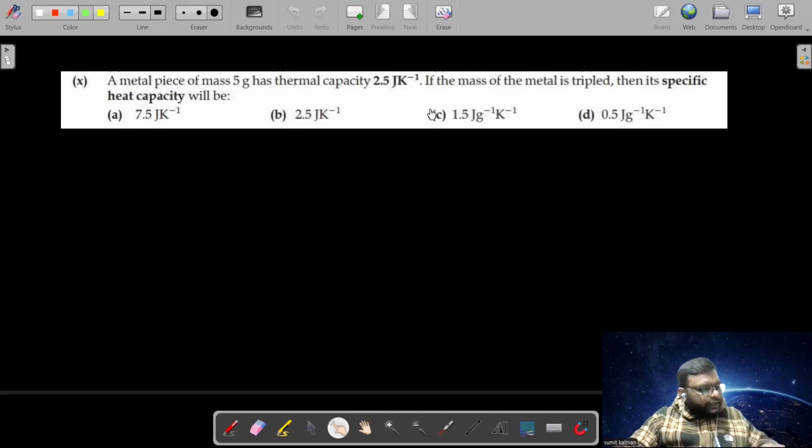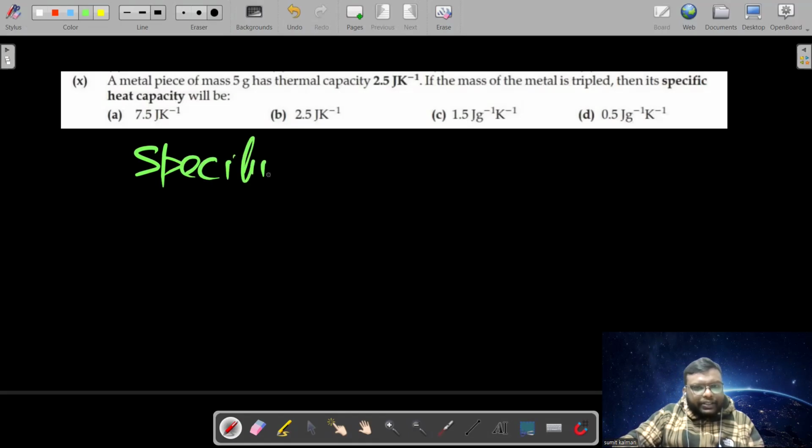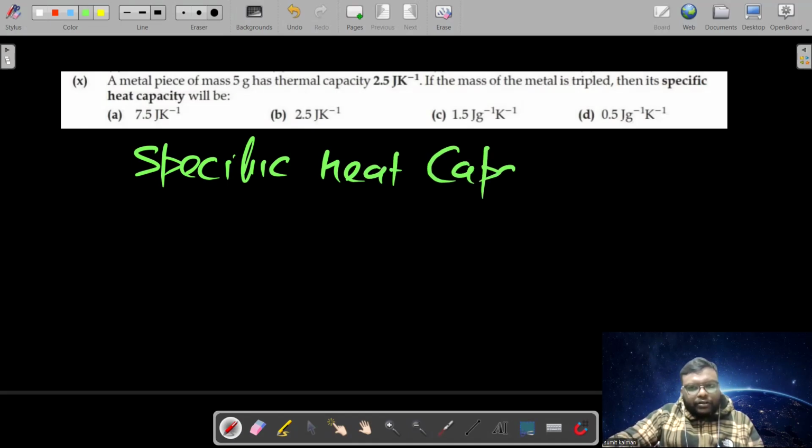So here, students, actually specific heat capacity does not depend on mass.